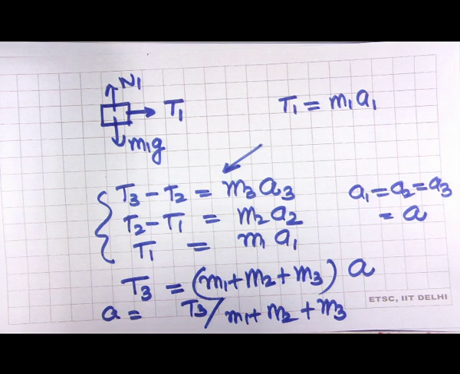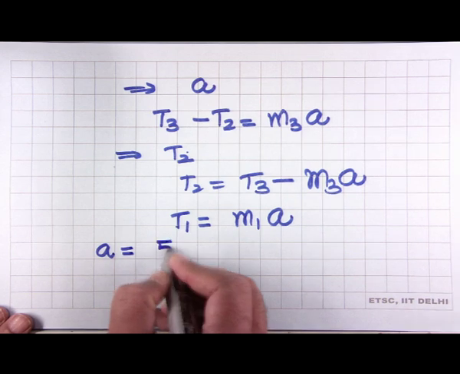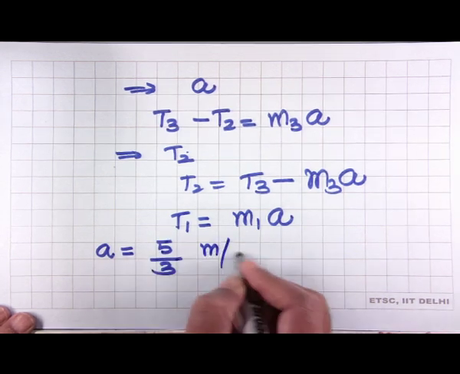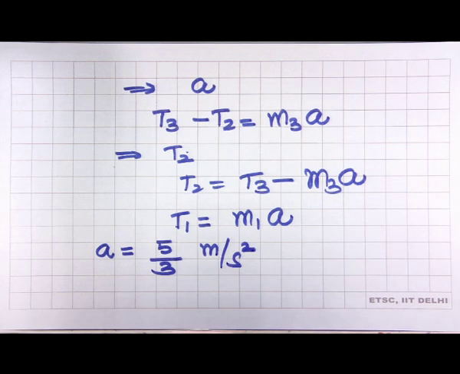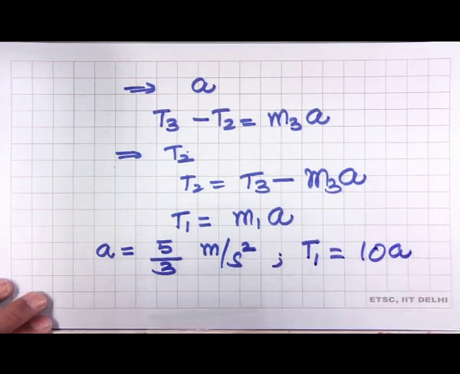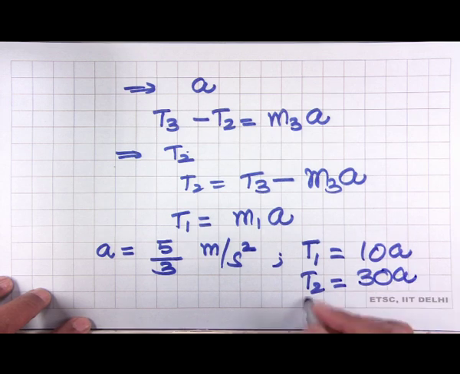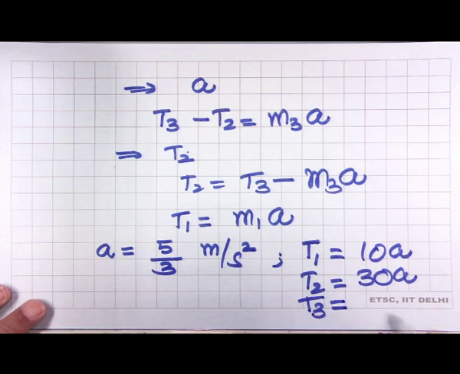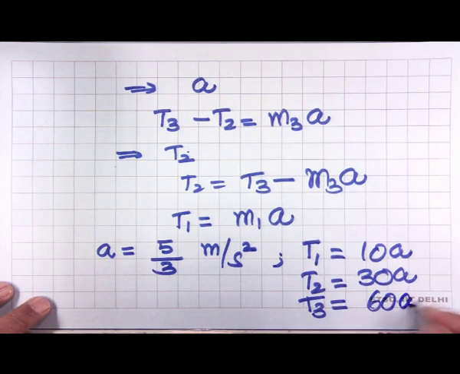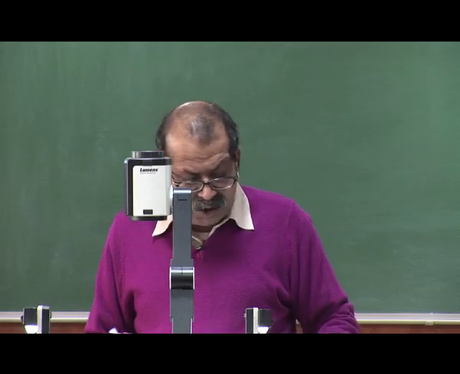When we work out the numbers, acceleration A will turn out to be 5 by 3 meters per second square for the given values of M1, M2 and M3, and T1 turns out to be equal to 10 times A, T2 turns out to be equal to 30 times A, and T3 works out to be equal to 60 times A. So what we see is that the tension in each string on the right keeps on reducing.